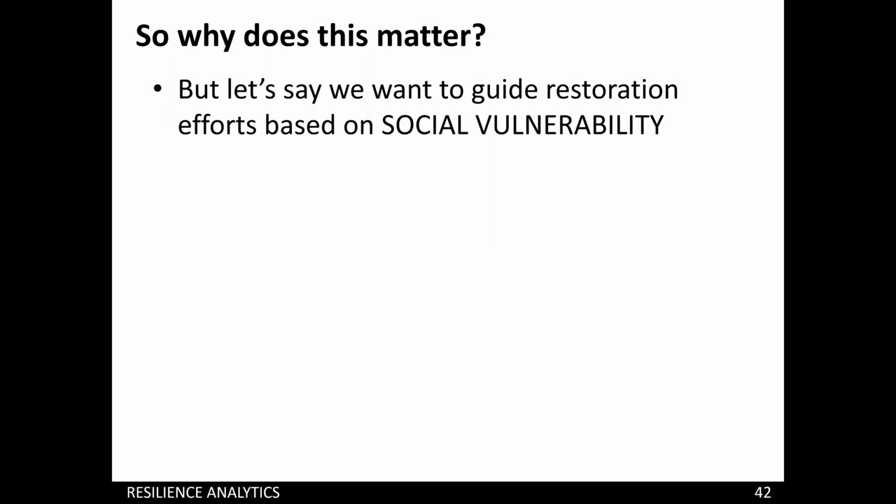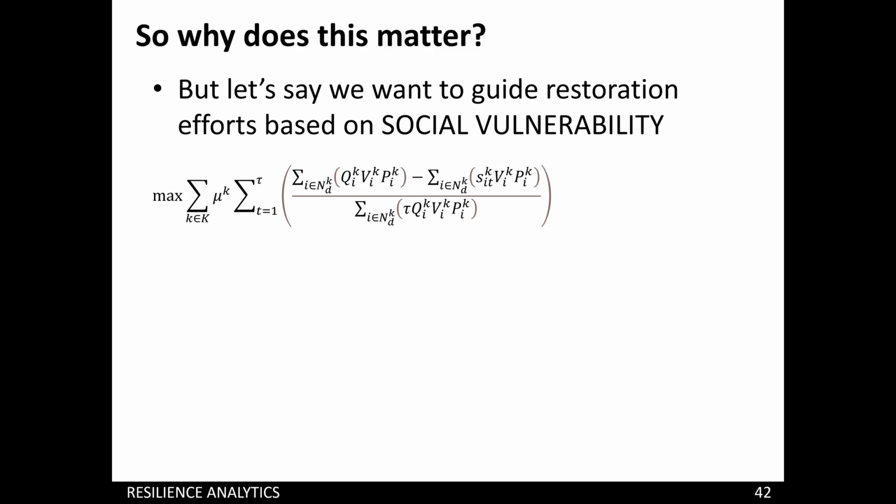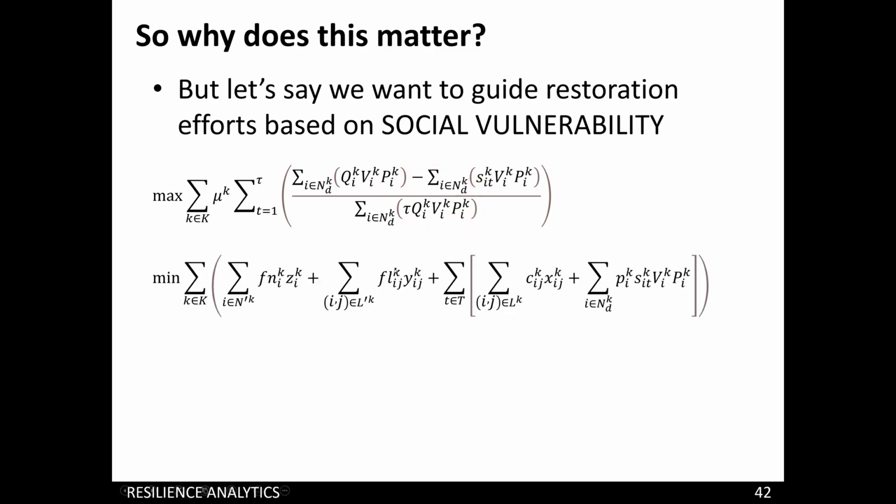So we want to account for that in our optimization problem. Okay, so we include in here measures of social vulnerability in the resilience measure. So this is a version of that resilience measure, that's recovery over loss. Okay, and in the cost here, we're accounting for not meeting demand.